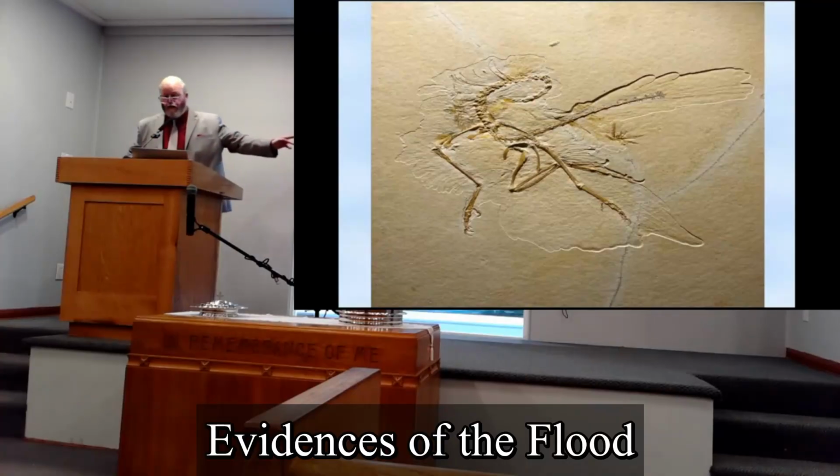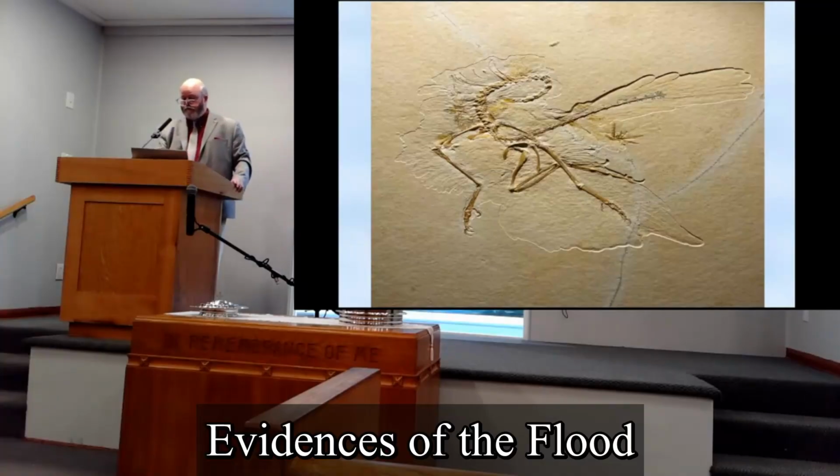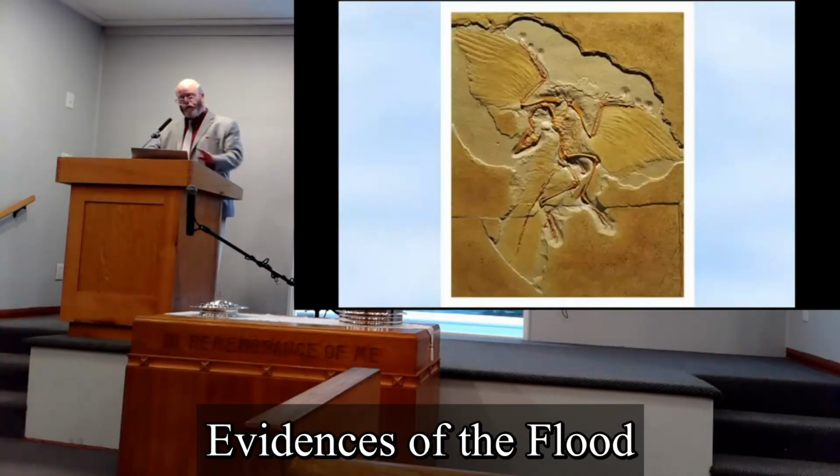Maybe you can. You can see the feathers and the plumage and all are represented there. And there's a better picture, this one, which I think is more famous anyway. But you can see, again, the feathers and the plumage. This bird was killed and covered up quickly.